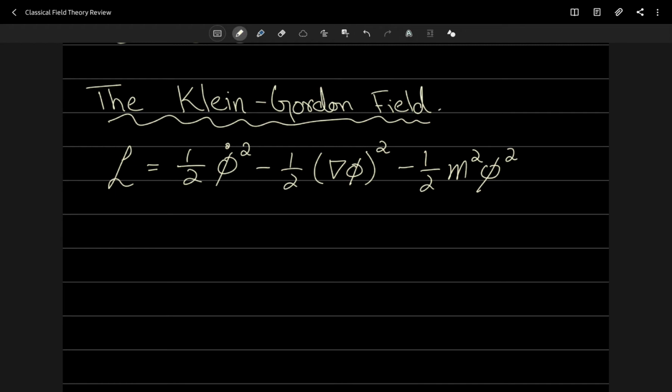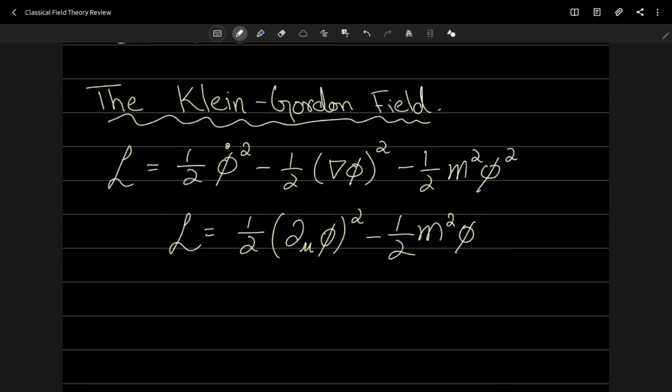Now you could also write this down simply as 1/2 times (partial mu phi) squared, so we're compacting it a bit, minus 1/2 m squared phi squared. So we have included space and time parts together.